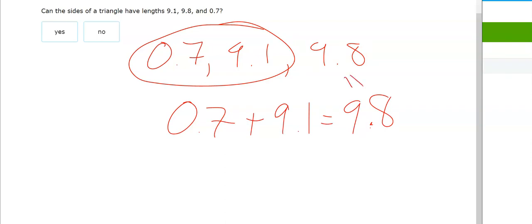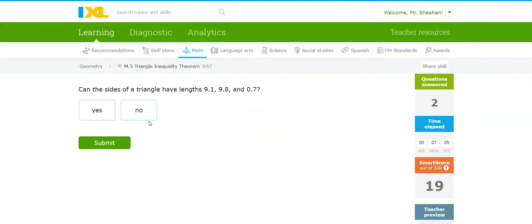Since these two are equal, it's a no. Remember, it has to be larger. It can be larger by 1/10, but it has to be larger. So even though they're decimals, make sure you're picking the two smallest lengths, adding them together, and seeing if they equal the biggest length.